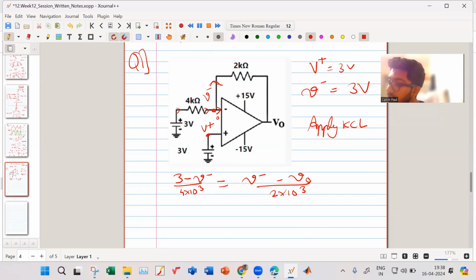Okay. Now, what is your V minus? Minus 3 volts. No, sir. Why is V minus minus 3?